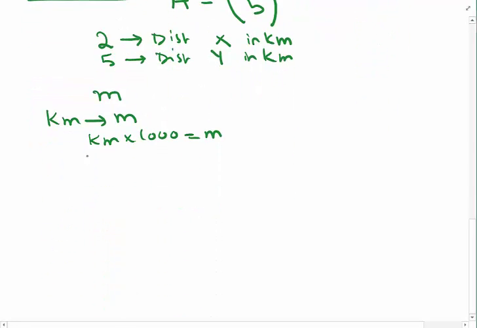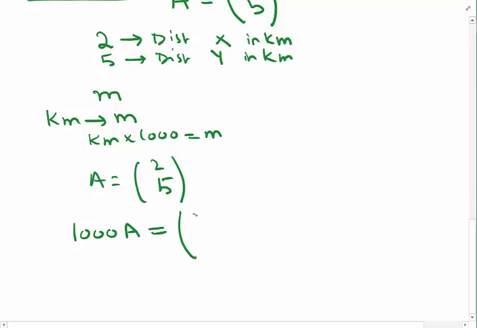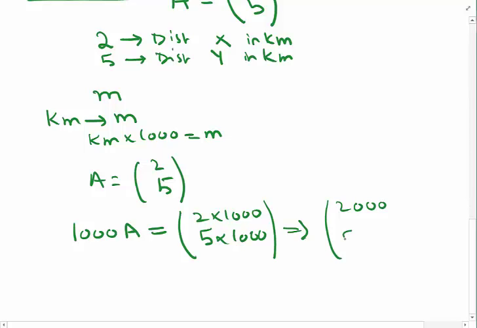So in this particular scenario, if we are required to show the matrix A, which is 2, 5 in meters, we need to multiply matrix A by 1000. So that means 2 times 1000, 5 times 1000 implies 2000 and 5000.